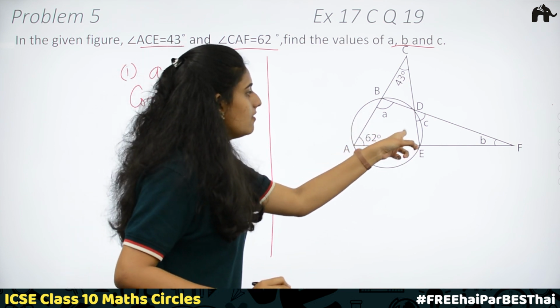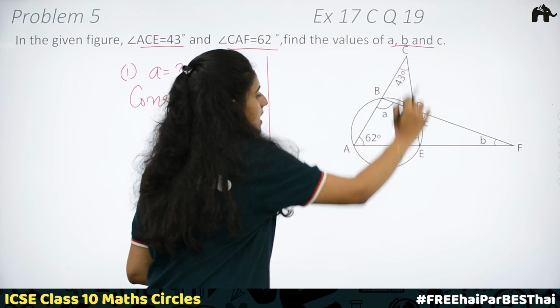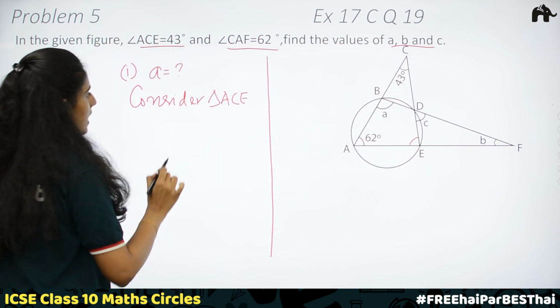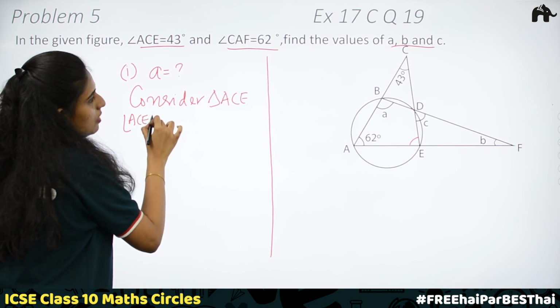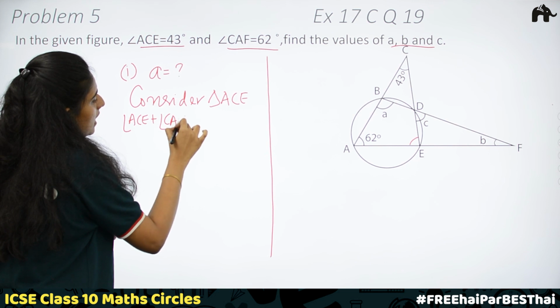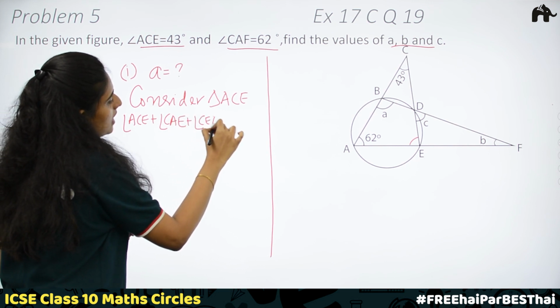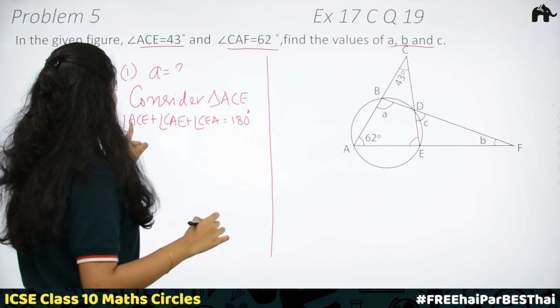Now, to find the value of this angle, we will consider the triangle ACE. In triangle ACE, we will be having angle ACE plus angle CAE plus angle CEA is equal to 180 degrees. Now put the values.